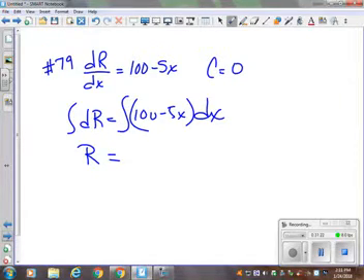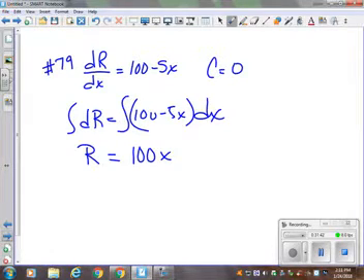Once we get our revenue formula, we'll have to go back and talk about what demand is and how you find that. But at least if we integrate, we get the revenue formula. So 100 becomes constant to linear, and the minus 5x has got to become quadratic.